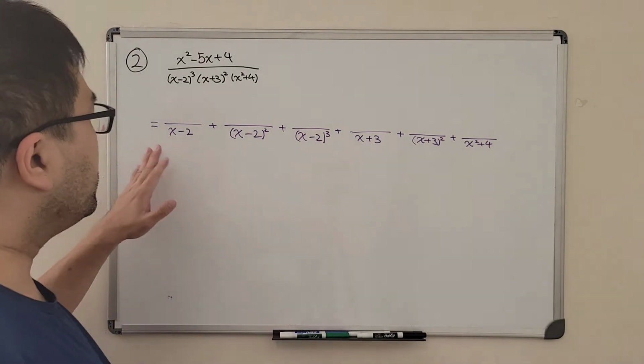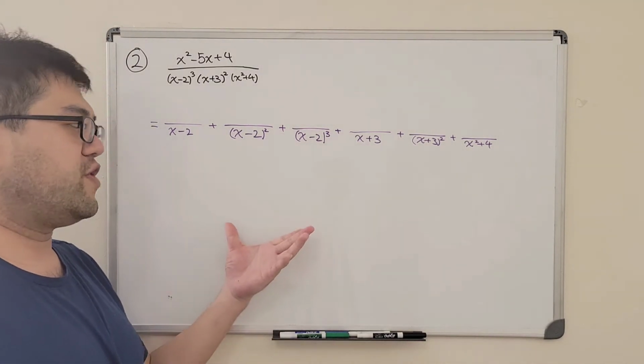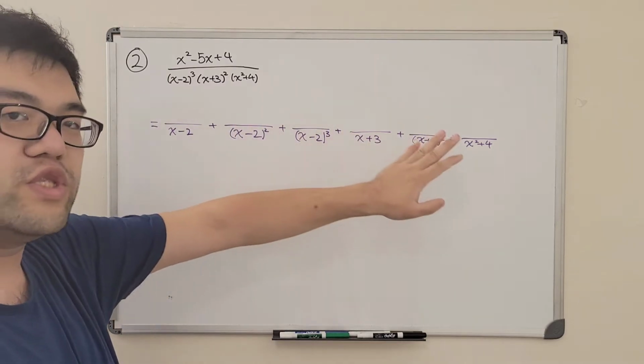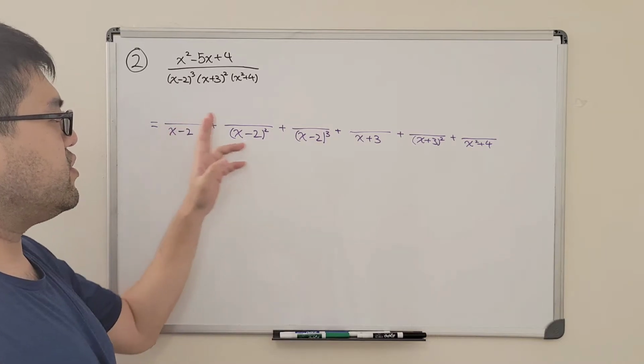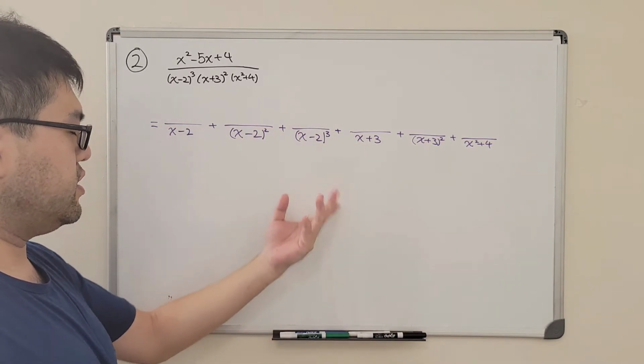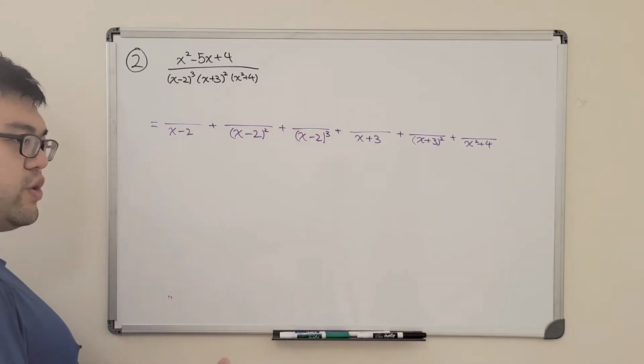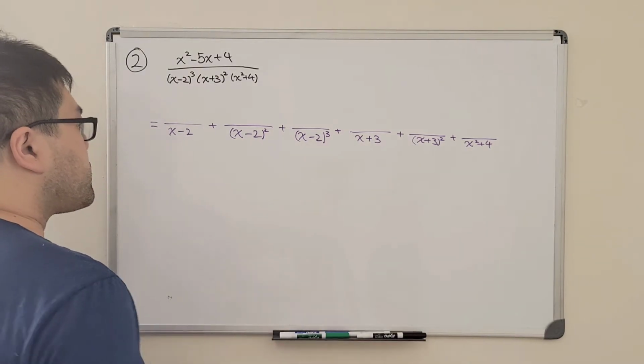So we'll get the following if we try to do a partial fraction decomposition, and of course, we don't know what the numerators are, meaning we actually need to find the numerators, aka the coefficients of each term.